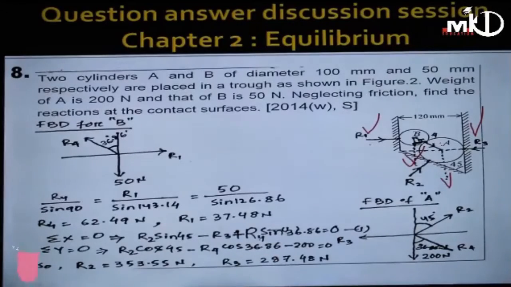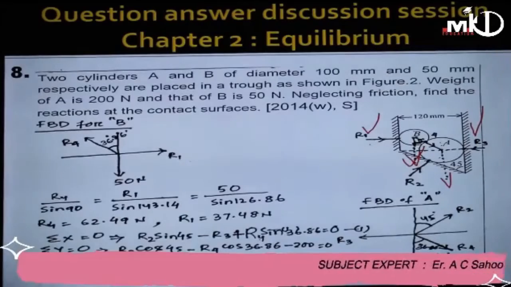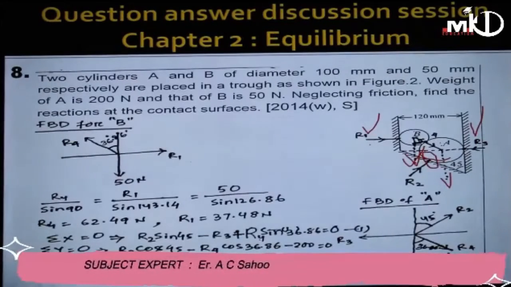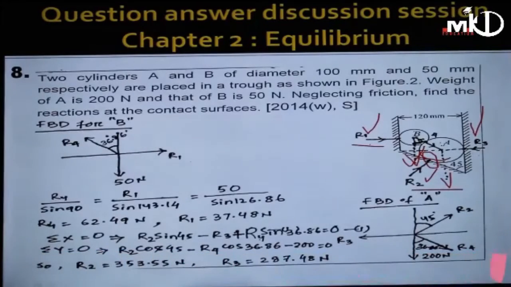And of course this is the weight, and this is also another weight. Here you can see roller A finds support at this point, so let this reaction be R2. So we have the reactions R1, R2, R3.